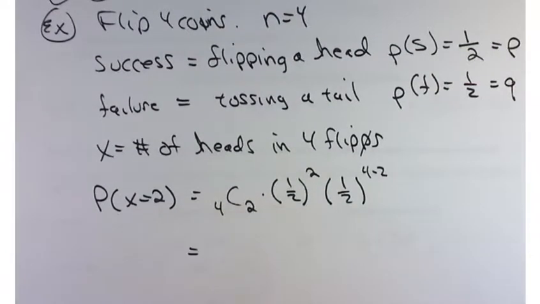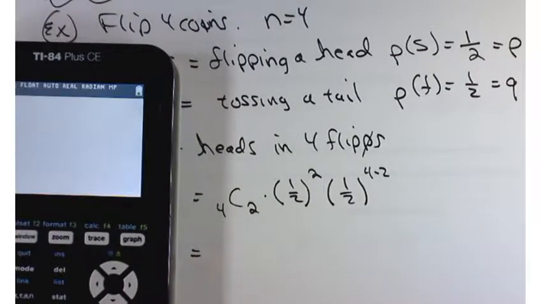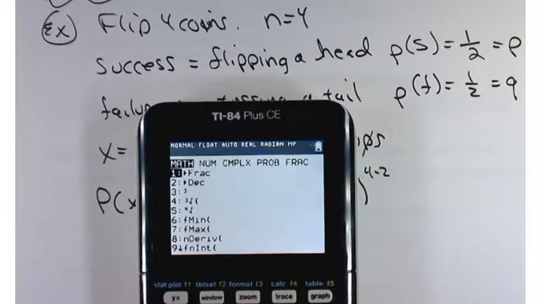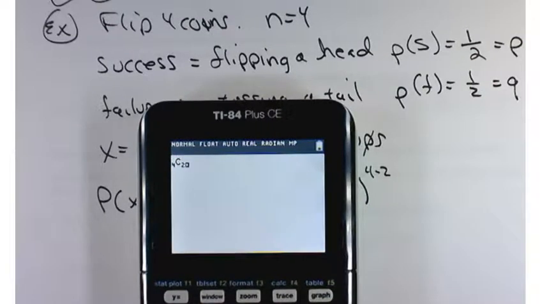Now this 4 choose 2 stuff is really just counting up the different ways that this event can happen. You can get that off your calculator. Math, over to probability, math, then combinations.